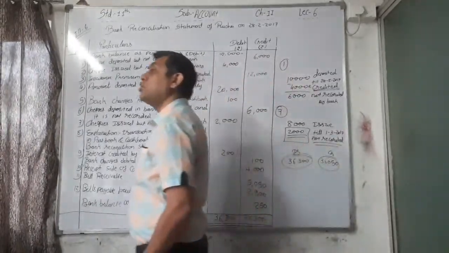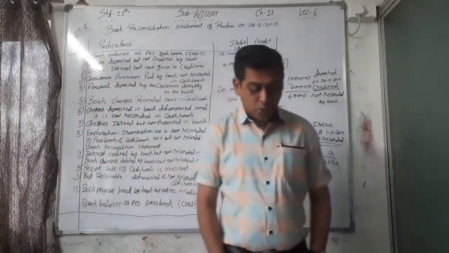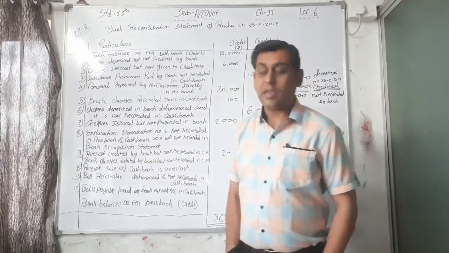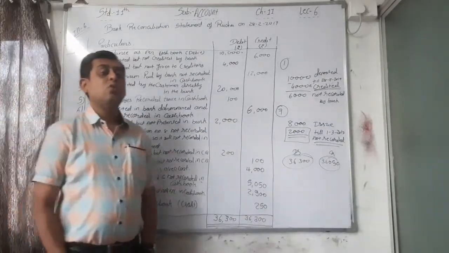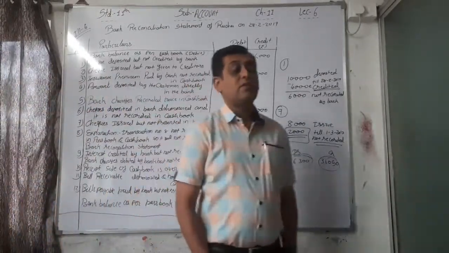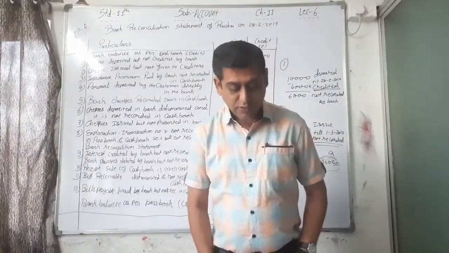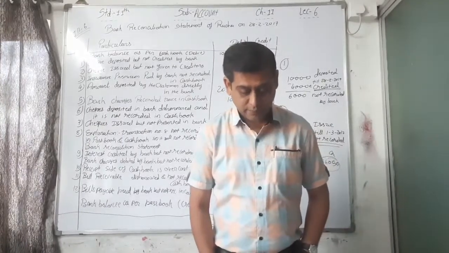Cheque drawn, that is issued, the same word. DDIC, so here that amount is credited. Write down CR, cheque issued but not recorded in the cash book, credit.